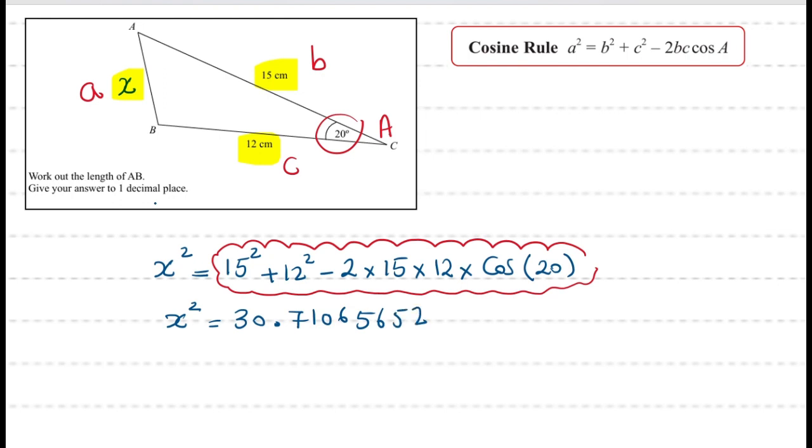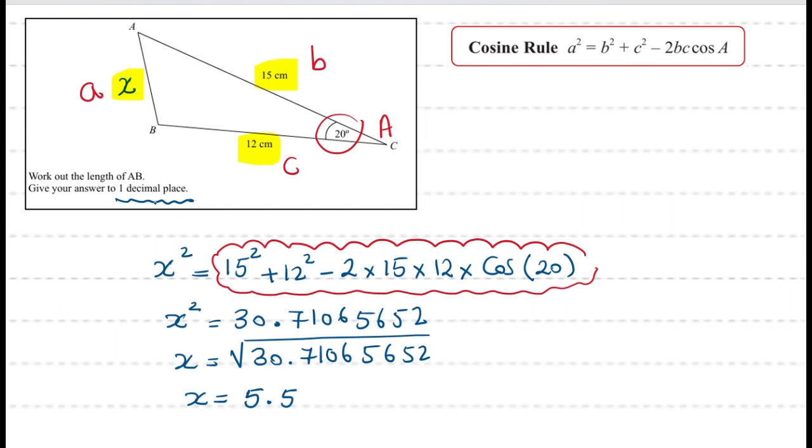In order to find x, we have to take the square root of both sides, and we get x equals the square root of 30.71065652. And the answer that we get to one decimal place is going to be 5.5 centimeters. Again, x is a length, therefore we write centimeters.